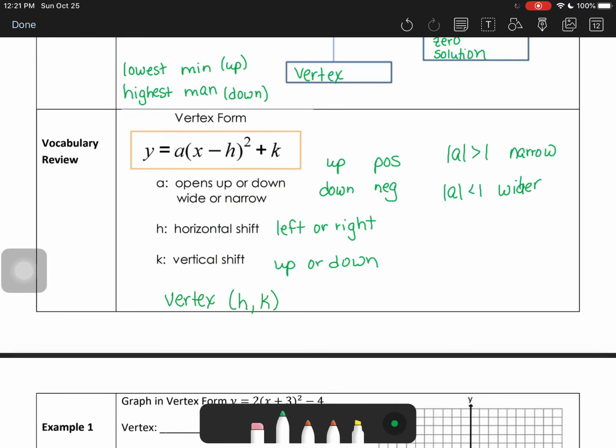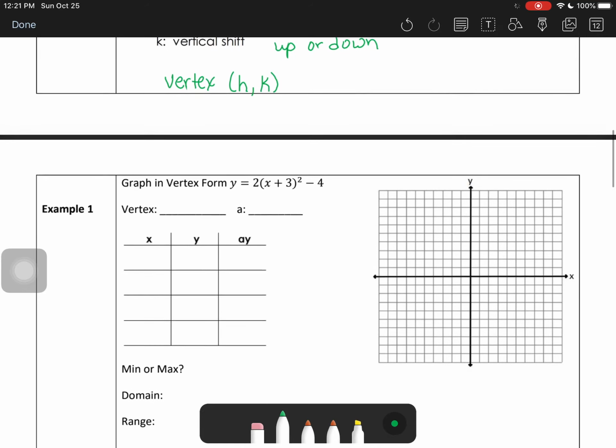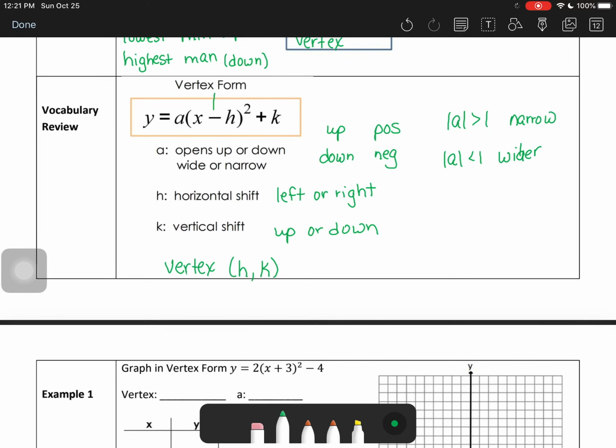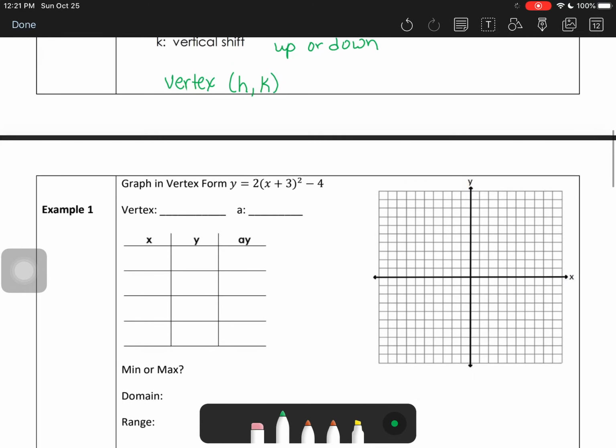So if we take a look at our first example graphing in vertex form, remember that our minus sign is part of our formula. So our h value of our vertex is always going to be the opposite of what we see. So the opposite of positive 3 would be negative 3, and we would have our negative 4 as our k value.